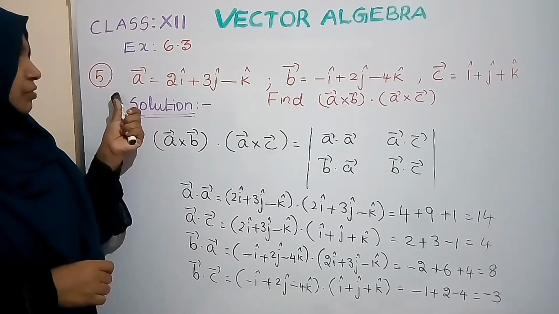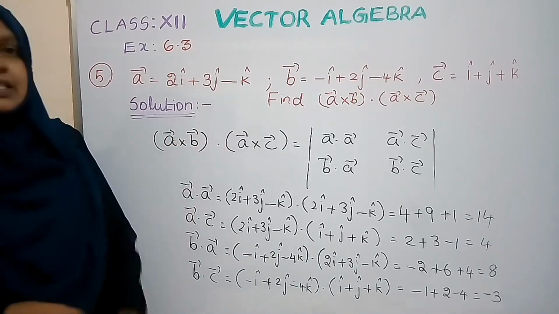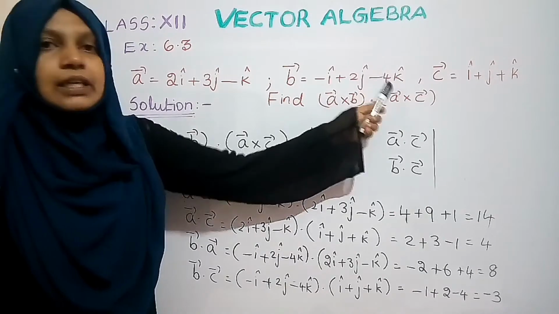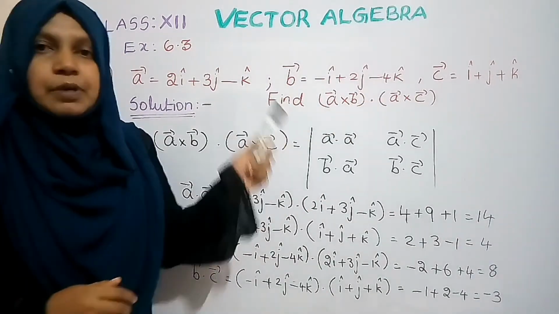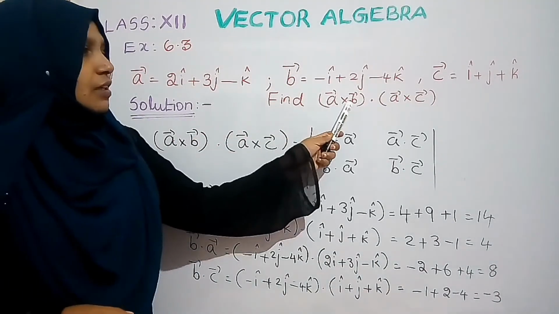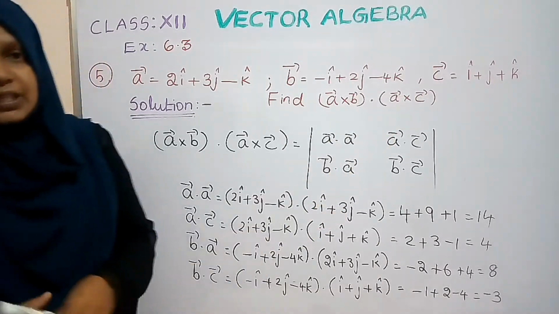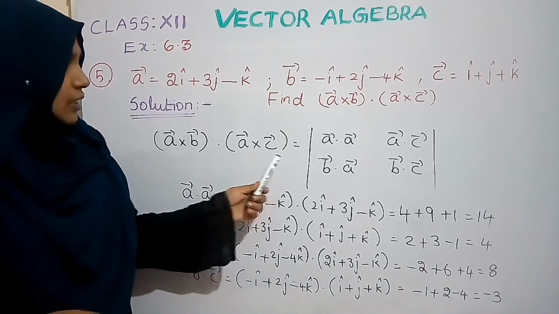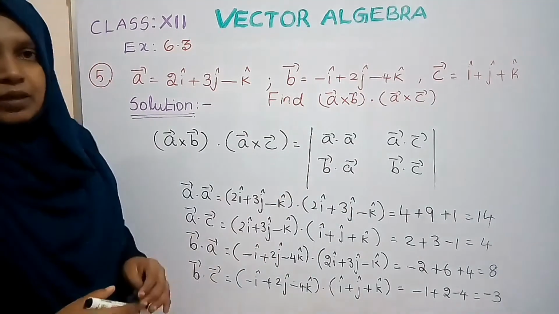Question number 5: A vector is 2i cap plus 3j cap minus k cap, B vector is minus I cap plus 2j cap minus 4k cap, and C vector is I cap plus j cap plus k cap. Find the value of A vector cross B vector dot A vector cross C vector. So we can write this scalar product of 4 vectors as the determinant value of a 2 by 2 determinant.